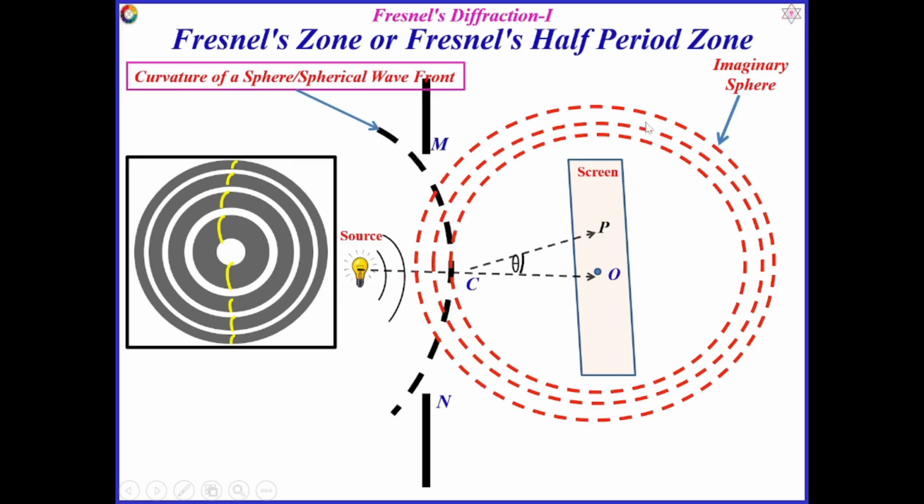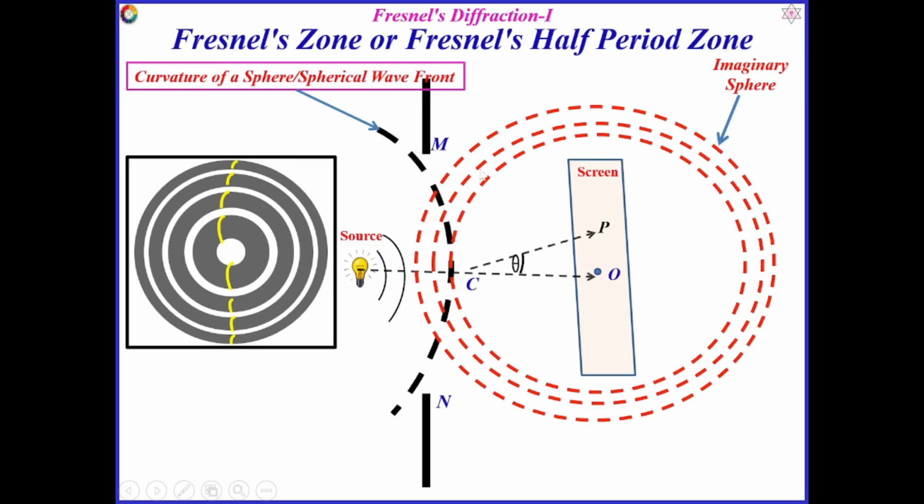Okay. Then the third circle we considered cuts the spherical wavefront here and here. In between that, this portion and this portion will be one type of circle. This wavefront looks like an arc, but in 3D it will be a portion of a sphere.